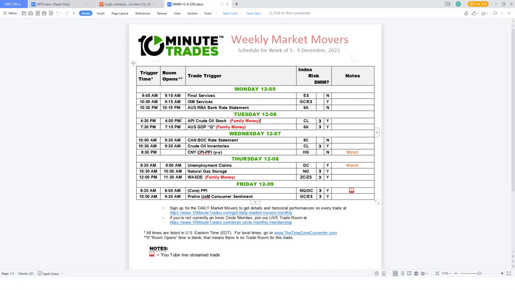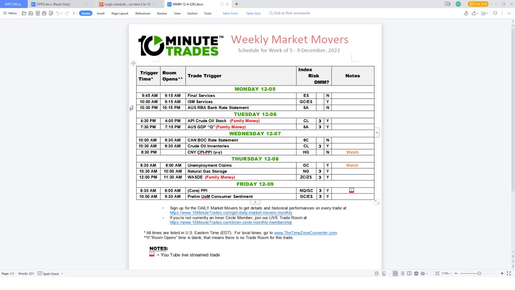We open the trade room most of the time half an hour before an event, sometimes 15 minutes if it's late night. If the setup is complicated, then we won't do 15 minutes, we'll do half an hour. But we've found that half an hour is perfect to get everyone ready and set up.